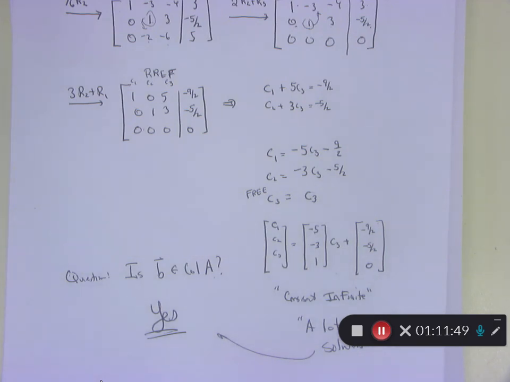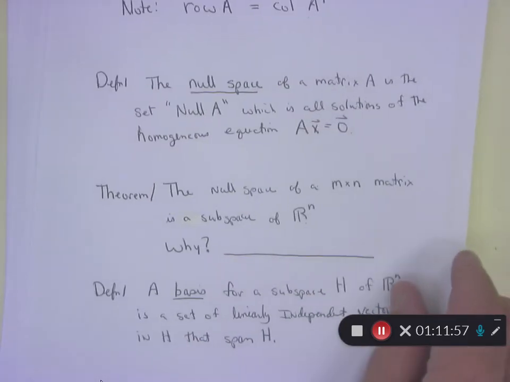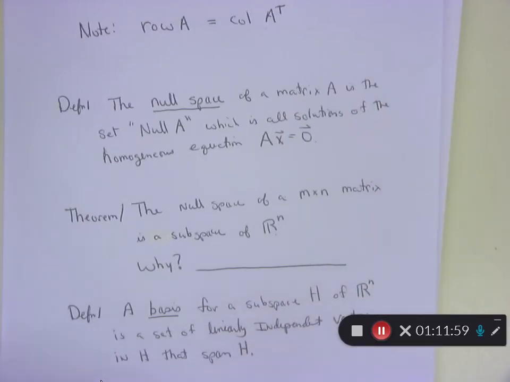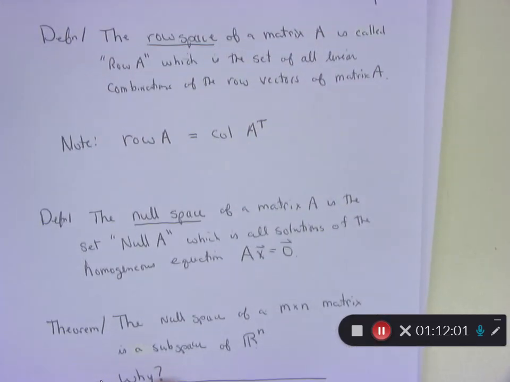Well, I got 3 minutes left. I can do this. All right. If you happen to have a column space, what is the next major obstacle here? Definition. Space. We're looking at the columns of matrix A, right?